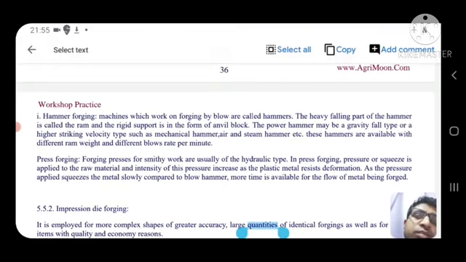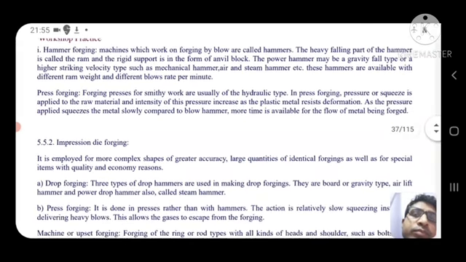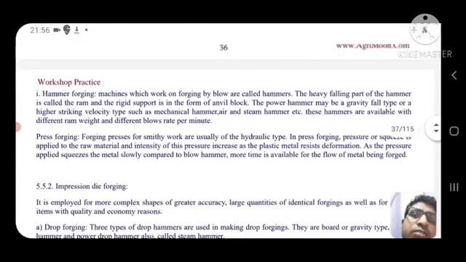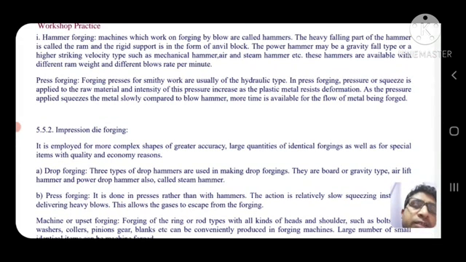Hammer forging. Forging machines which work on forging by blow are called hammers. The heavy falling part of the hammer is called the ram and the rigid support is in the form of an anvil block.